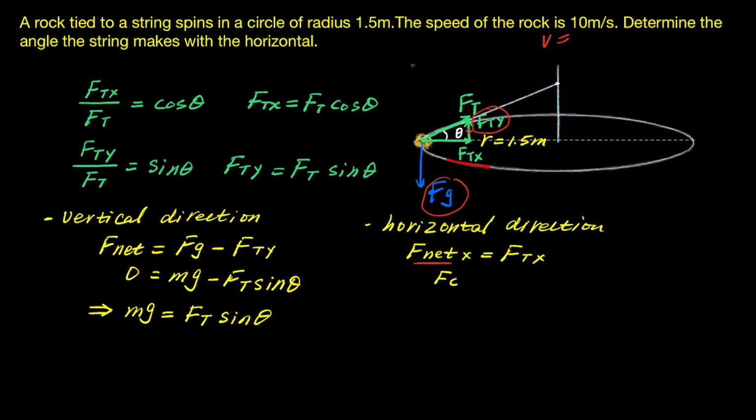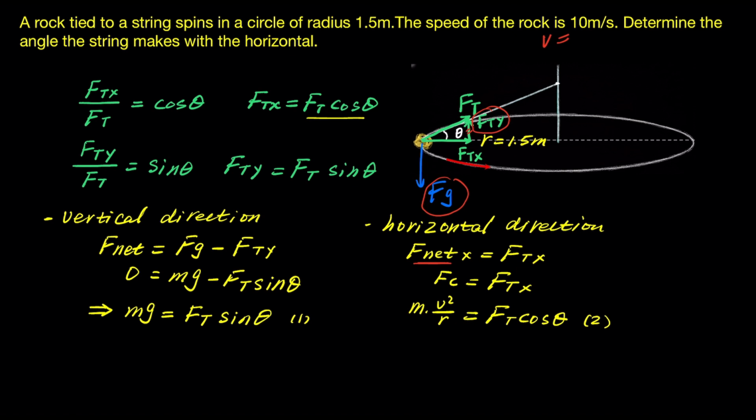So we have Fc equals Ftx. The formula of the centripetal force is m multiplied by v squared over r. It equals Ftx, which is Ft cosine theta. Now we have two equations. This is our equation 1, and this is equation 2.